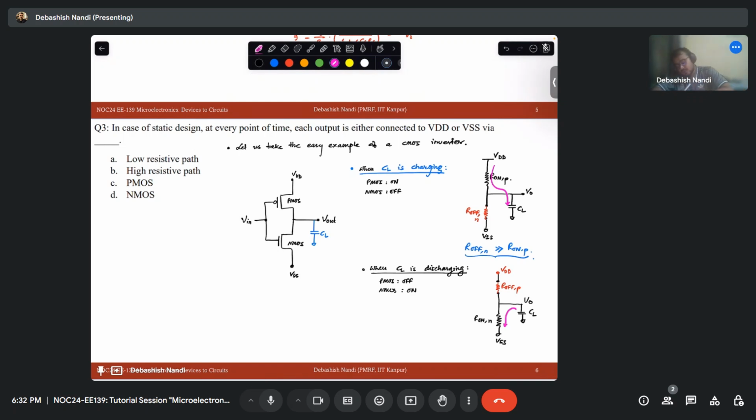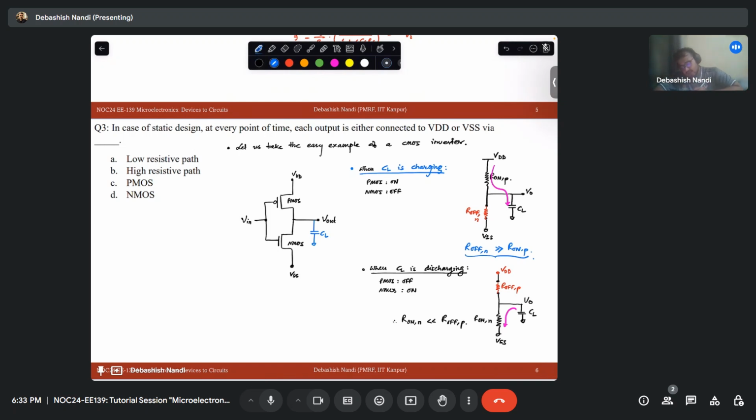So this path is this, this path is this. Okay. So in this case, R on N is much less than R of P. So you can see that the output, or the load capacitance, is always connected through the least resistive path, or the low resistive path.